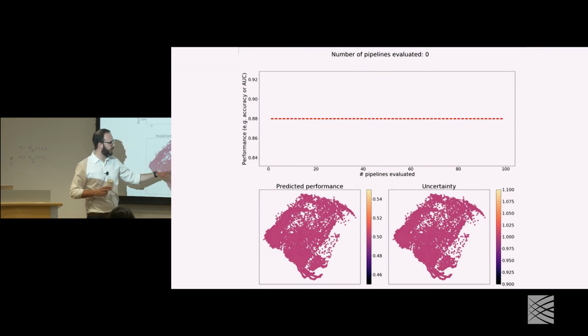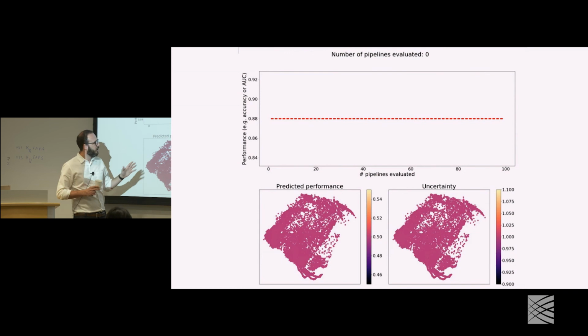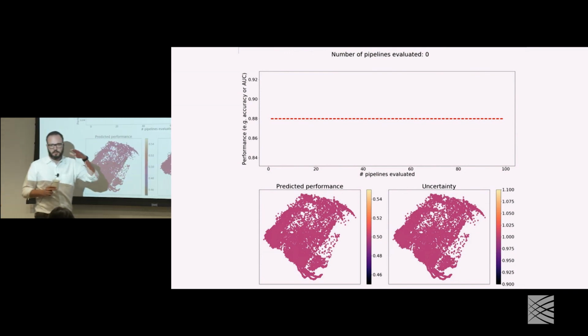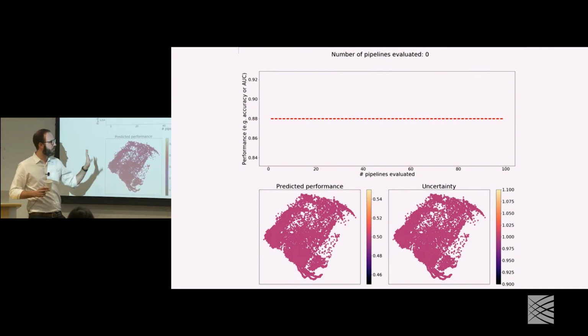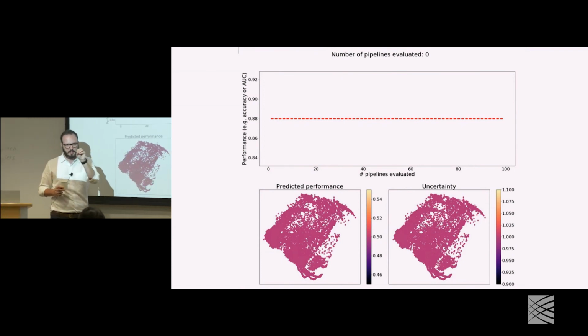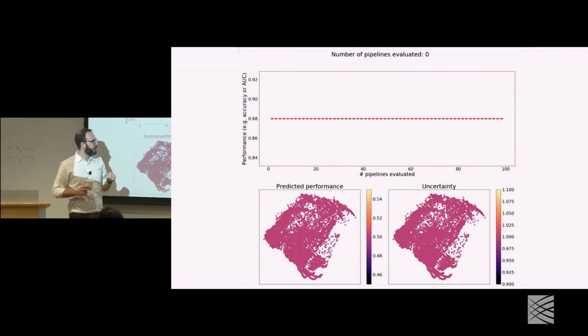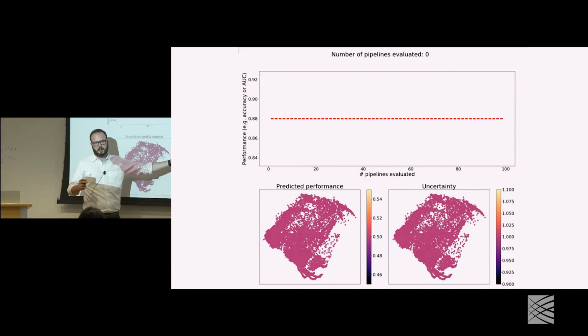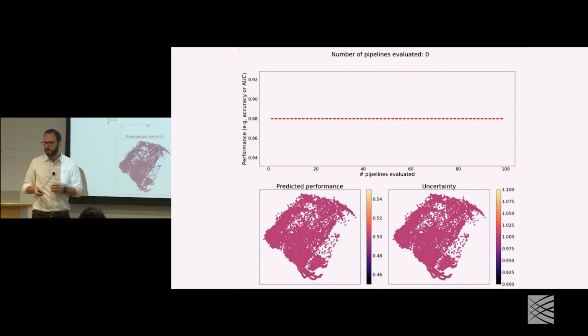And if it thinks that the pipeline is hopeless, you will see a black dot there. And this is the uncertainty of the model. This will hopefully go down over time. It will not go down uniformly. It will be focused in regions where the model has tried many pipelines. Now it starts at 1 because we are maximally uncertain about everything. And hopefully it will go down towards 0.